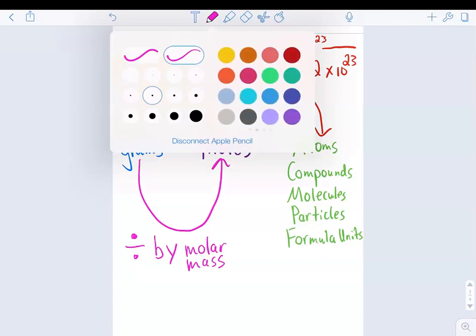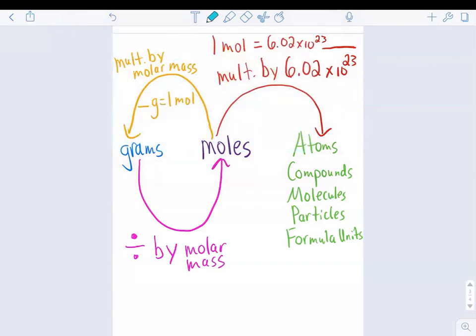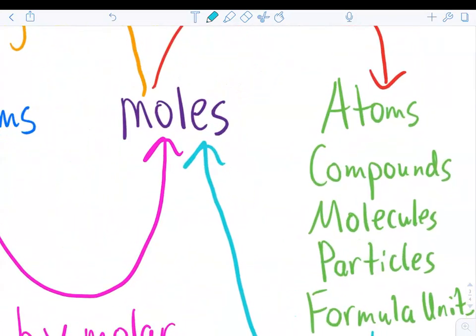And then if we are going from atoms, compounds, whatever, to moles, then we're going to divide by our 6.02 times 10 raised to the 23rd. Okay? So again, this chart is going to be your best friend for the next little bit. Okay? And I'm going to refer back to this chart. Okay? So, let's use our chart now to do an example.